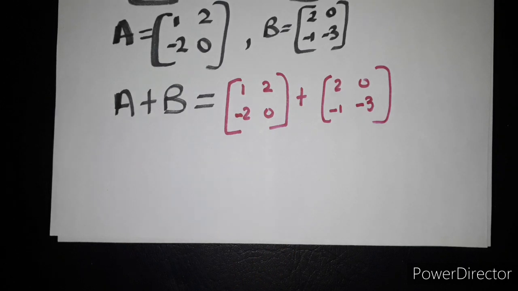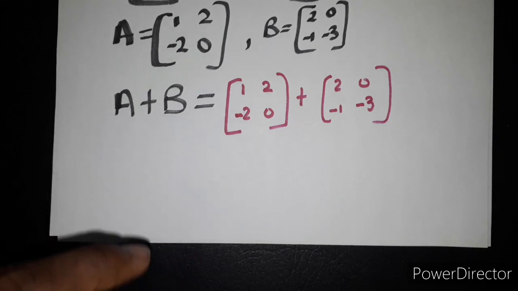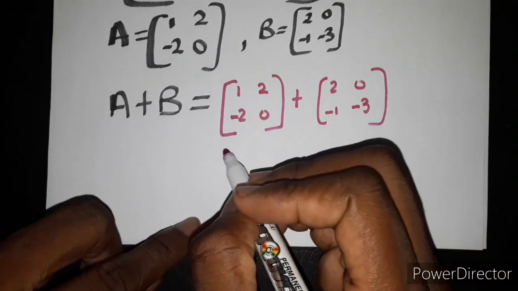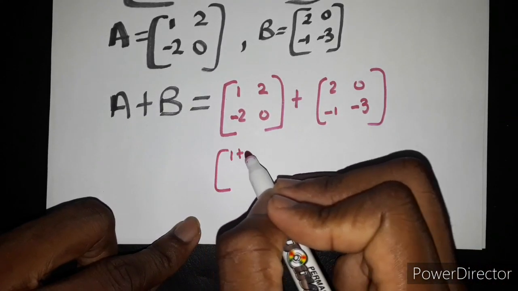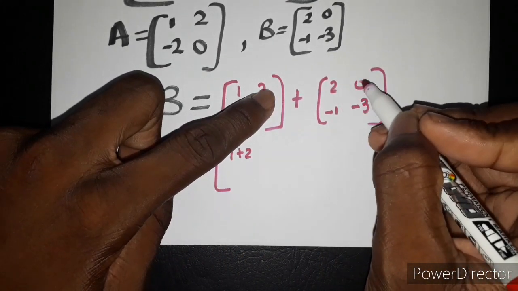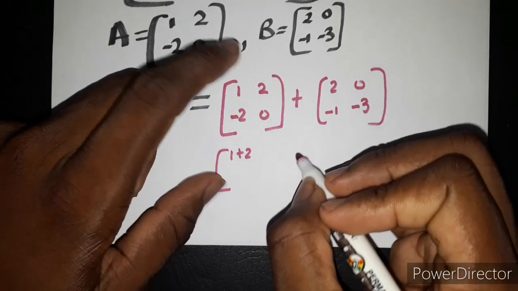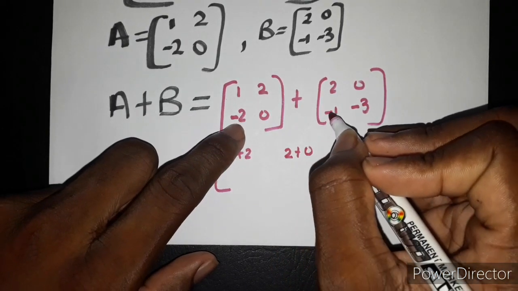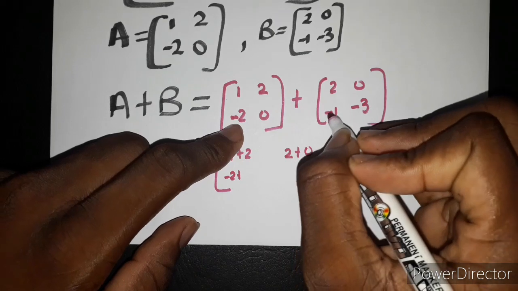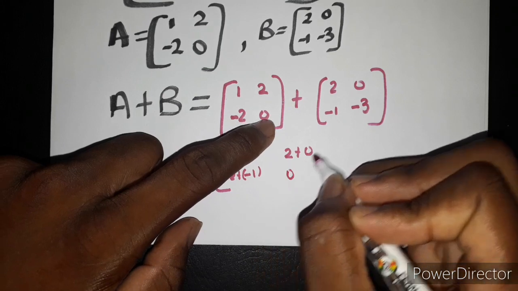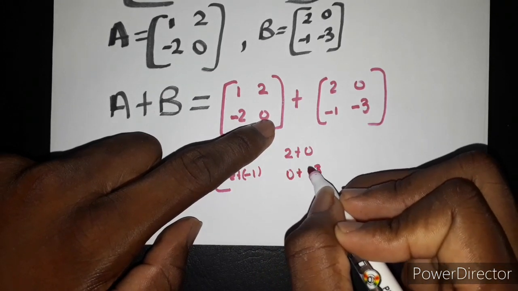And then we just add the corresponding number in each matrix. For example, this 1 will be added to its corresponding element, which is this 2 here. So we will have 1 plus 2. And this 2, of course, will be added with the corresponding element in the next matrix, which should be 2 plus 0. The negative 2 will be added with the corresponding element, which should be negative 1, and the 0 will be added with the negative 3.